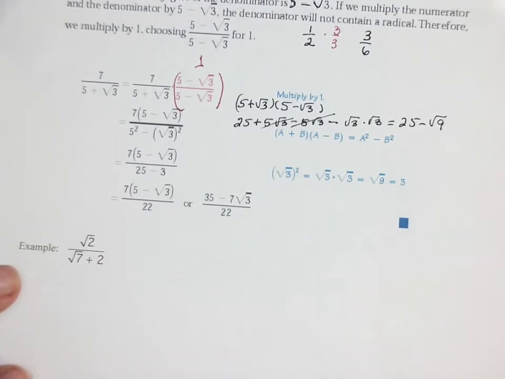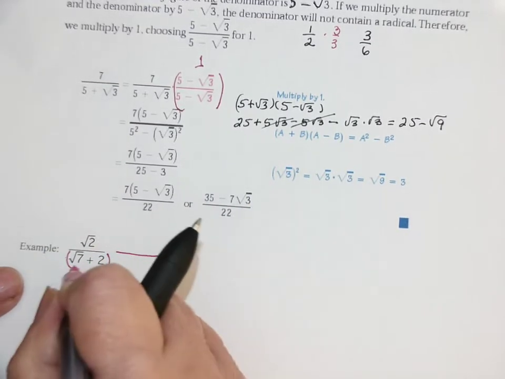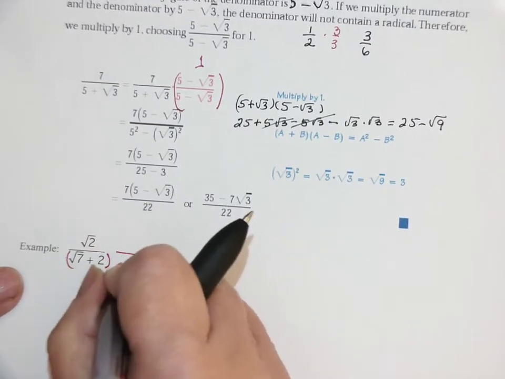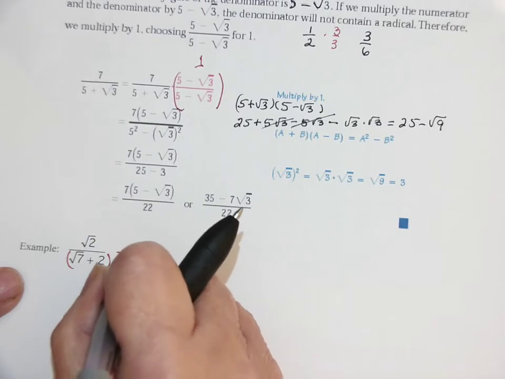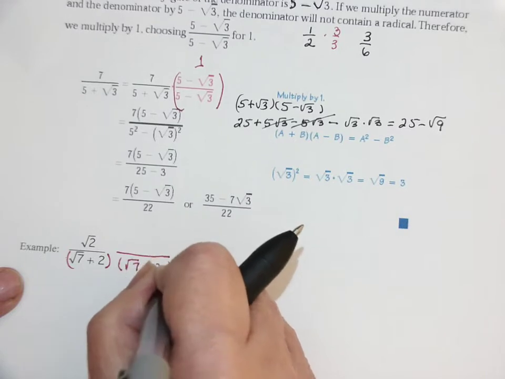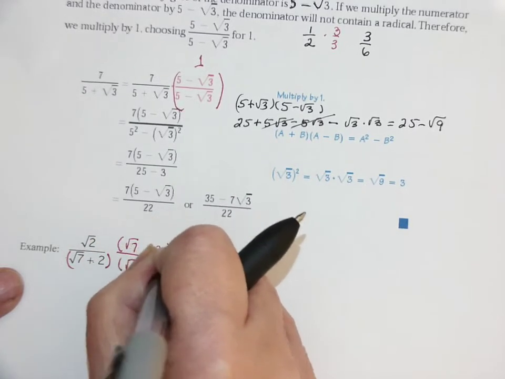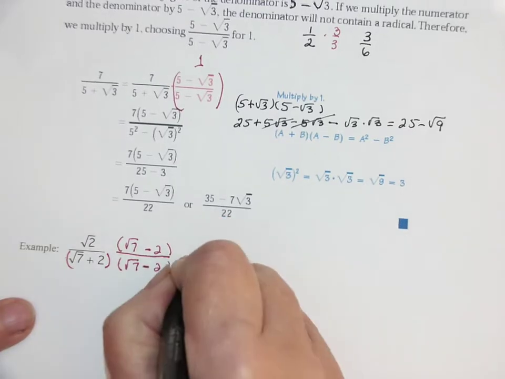So in this case, the conjugate that I'm going to multiply, because I need to get rid of the radical in the denominator, would be the square root of 7, that's a plus, so this would be a minus. The square root of 7 minus 2, making sure I'm multiplying by 1.